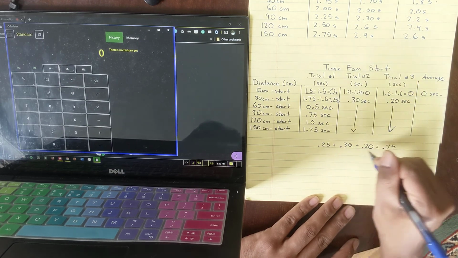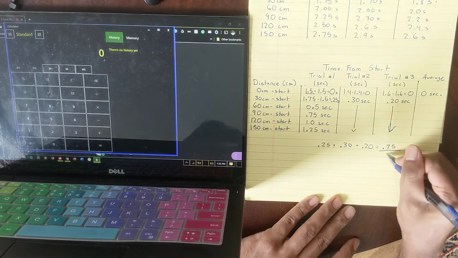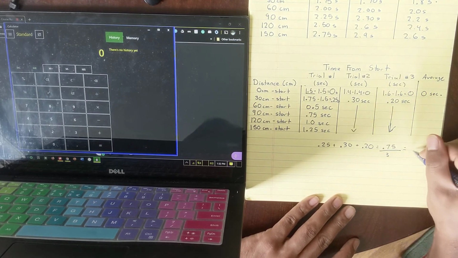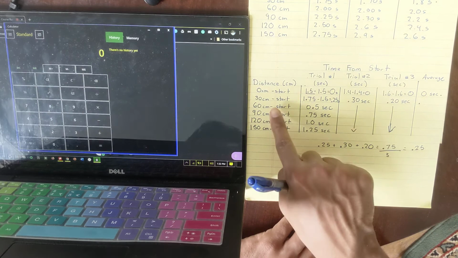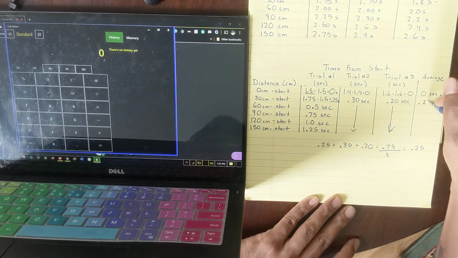And remember, once we've added it up, we're going to divide by the number of trials. In this case, we're going to divide by 3. 0.75 divided by 3 is 0.25. If you need to use a calculator to do that, that's totally fine. So the average for trials 1, 2, and 3 at 30 centimeters is 0.25 seconds.